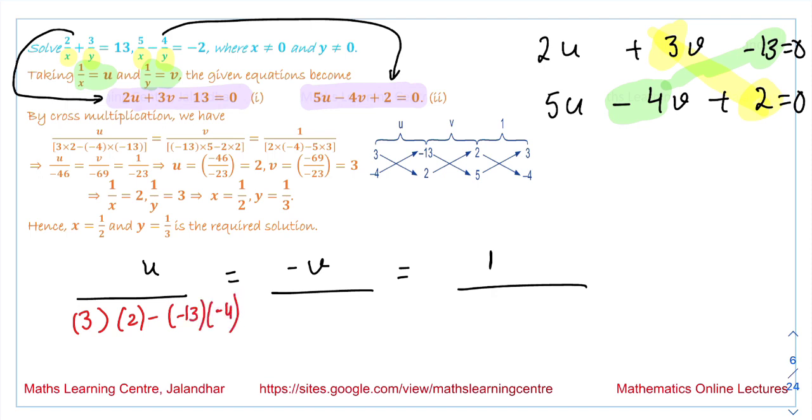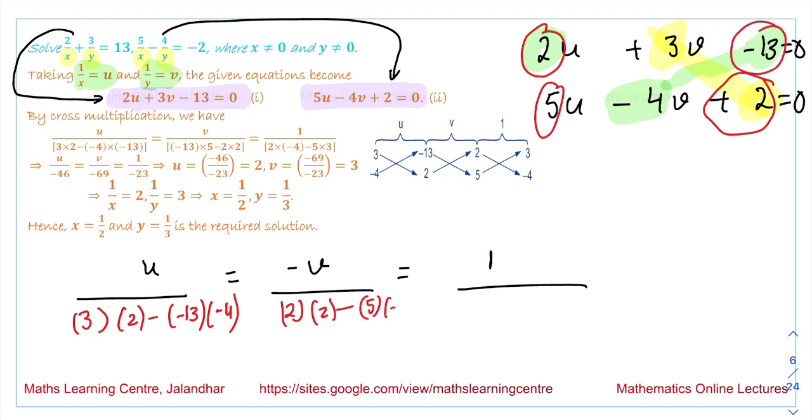And we are writing the term in the denominator of minus v. So it is this term we are talking about, 2 into plus 2 minus 5 into minus 13.